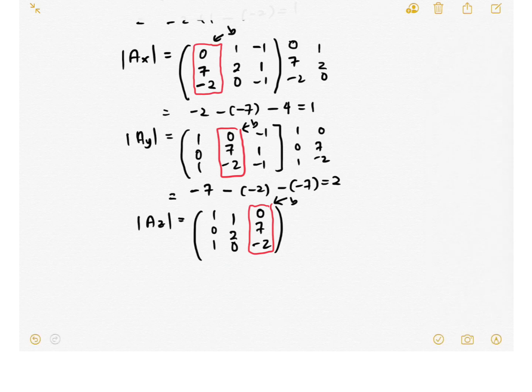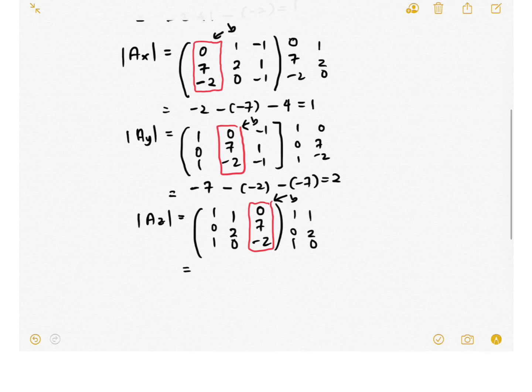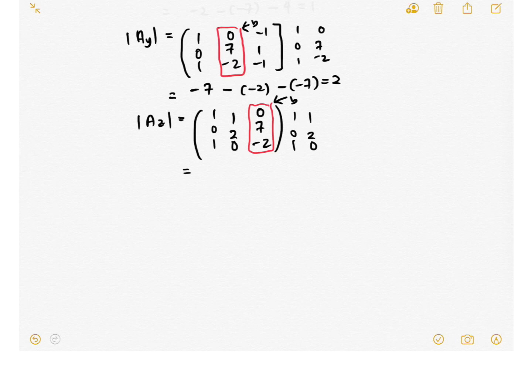Then again, to find the determinant, just expand. We have 0, against 0, then we have equals 3.